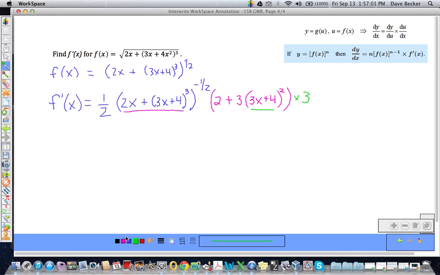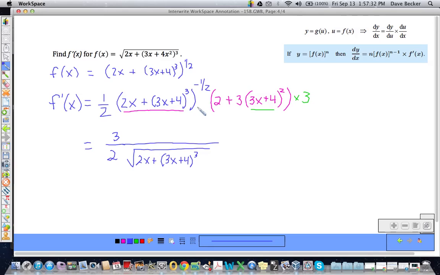And we should clean this up a little bit and say, okay, 3 times 1/2 is 3/2. This negative exponent becomes a square root on the bottom, and that'll make it easier to evaluate if we have a value for x. So that would be the square root, moving this whole thing down low, of (2x plus (3x plus 4) cubed).